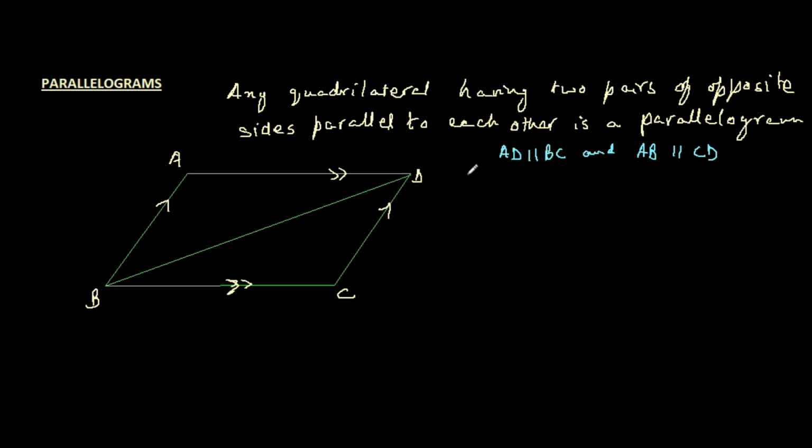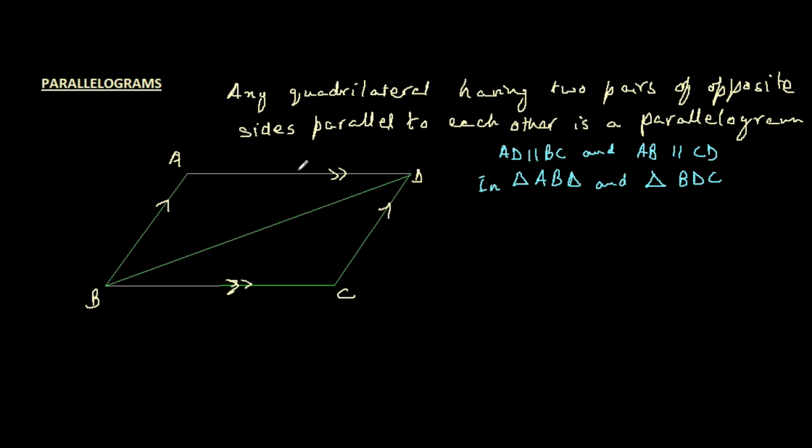Now we've got two triangles here: triangle ABD and triangle BDC. What do we have? Like I said, I know no sides, I know no angles.